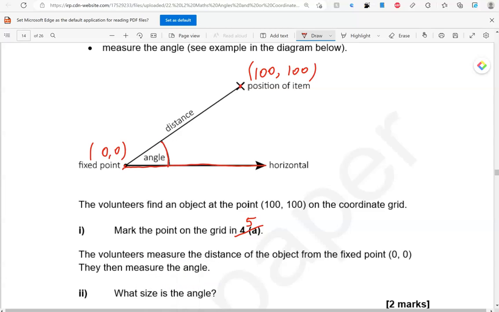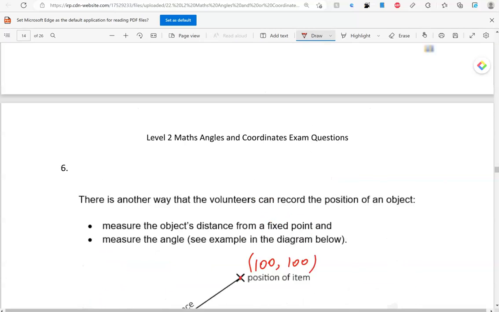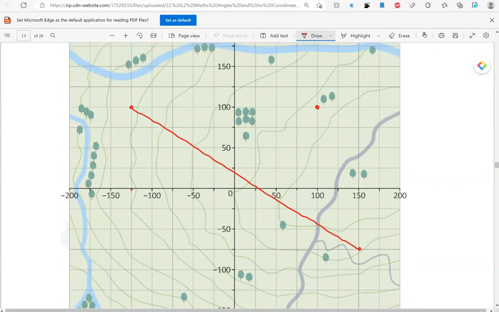So we're looking for this angle here. This is the angle that we're after. As this point is in equal distance from both of the axes, this tells us that this is half of 90 degrees. So this is 45 degrees. So it's half of a right angle.